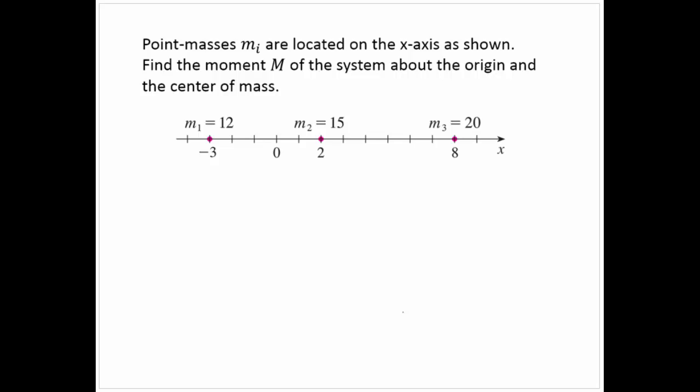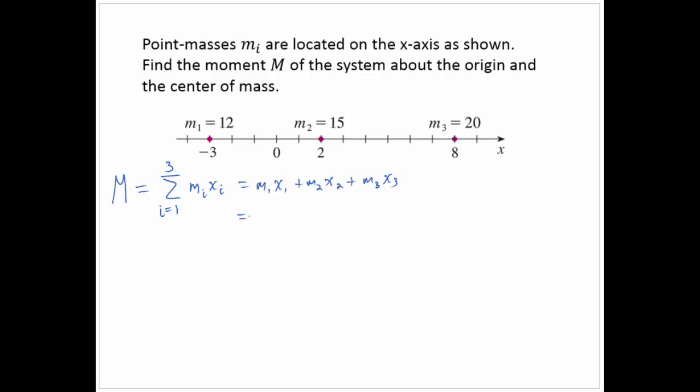To find the moment of the system, the moment would be the sum from i equals 1 to 3, since there are 3 point masses, of mi xi. Recall from sigma notation, that means m1 times x1 plus m2 times x2 plus m3 times x3.